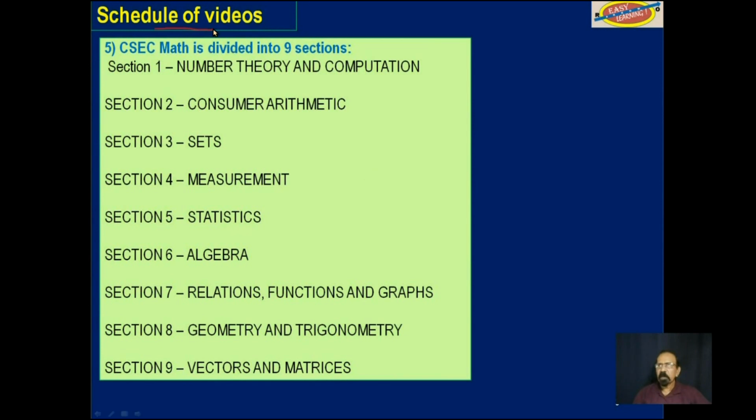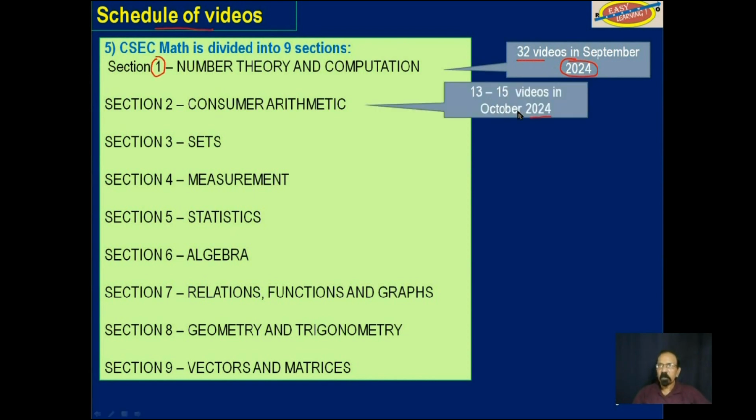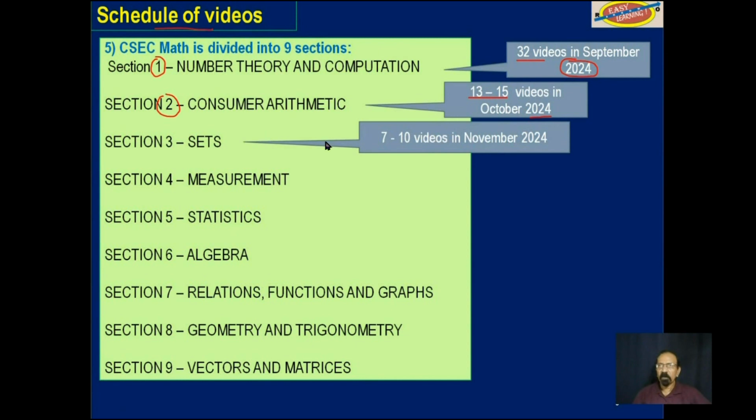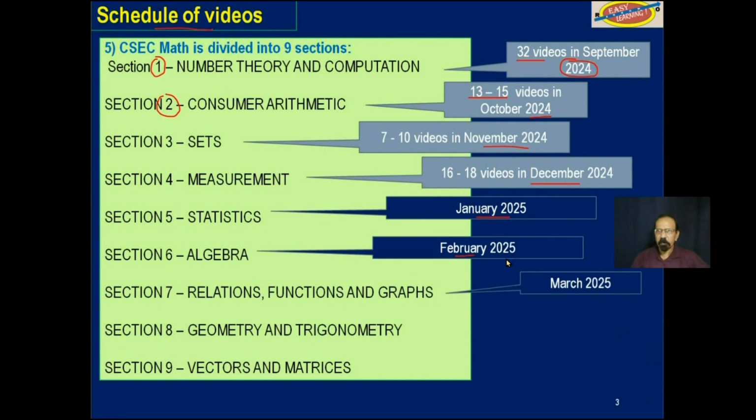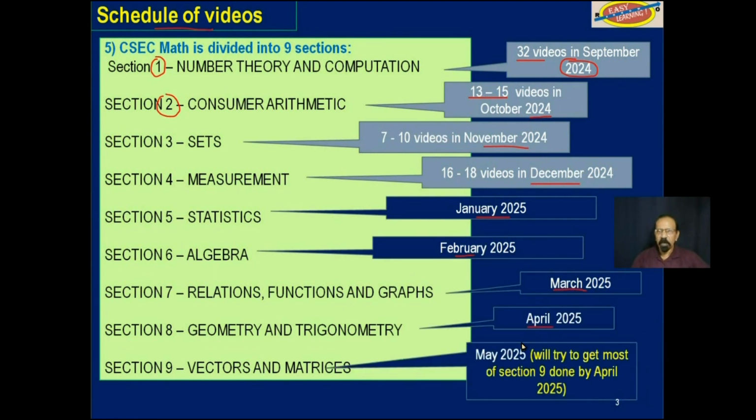Schedule of videos: in September 2024, that is this month, I am hoping to have the 32 videos from section 1, and then in October, the 13 to 15 videos from section 2, and so on, November, December, January, February, March, April, and hopefully by May 2025, I will try to get most of section 9 up, even some of it in April 2025.